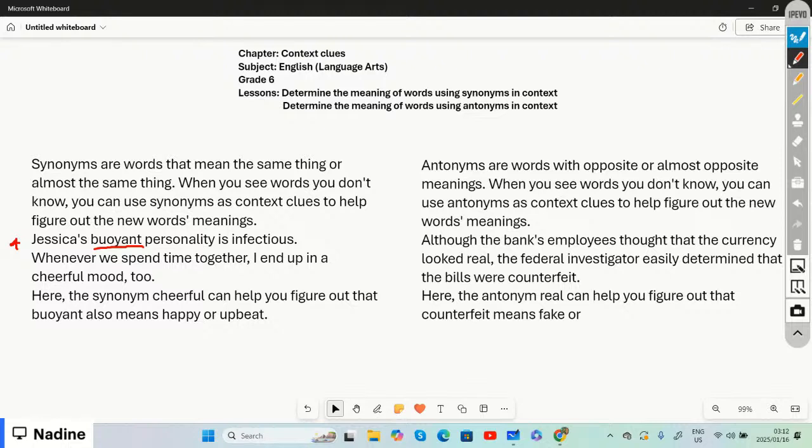Whenever we spend time together, I end up in a cheerful mood too. So if you look at the two sentences, especially that word too means that buoyant means cheerful.